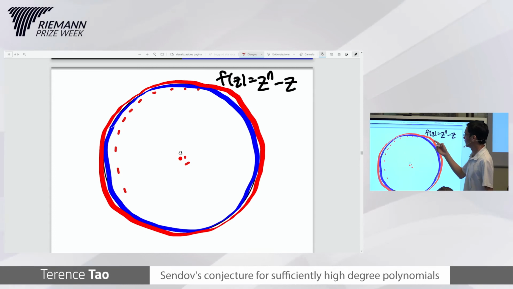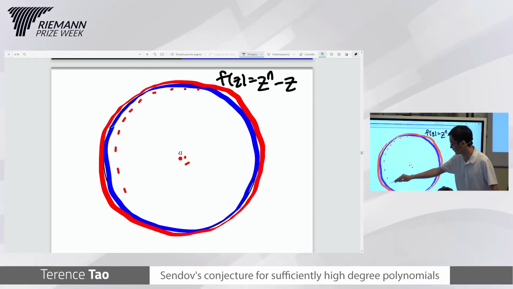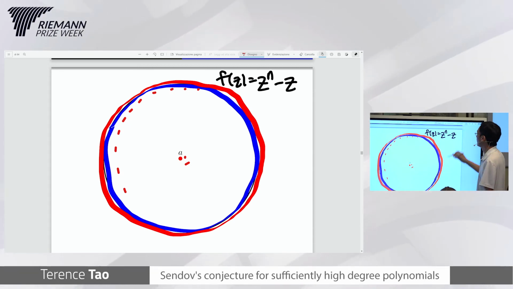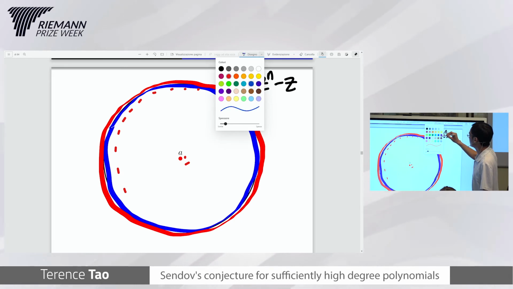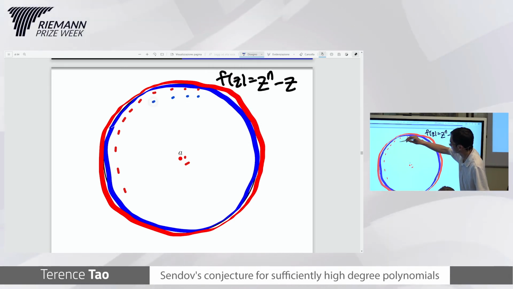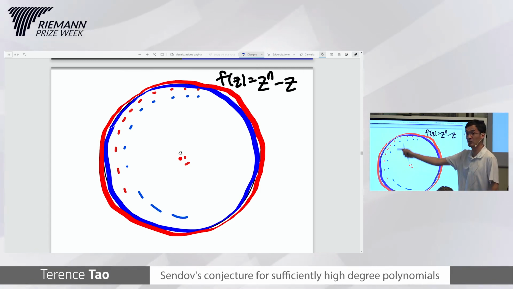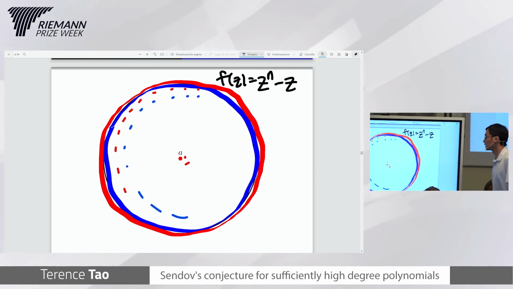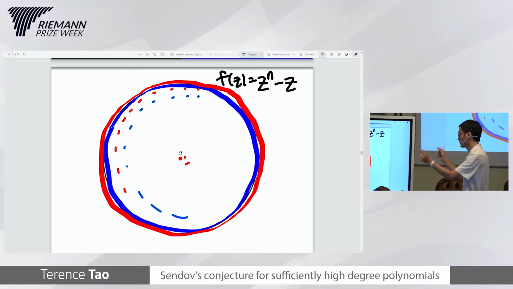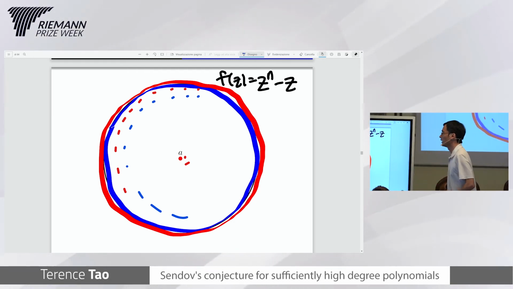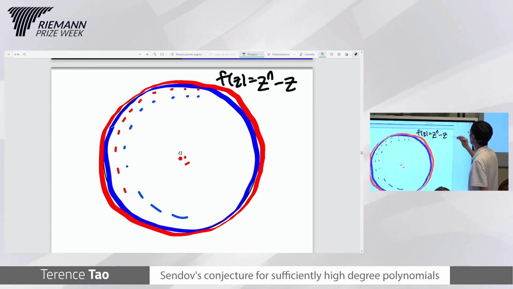And the zero measure becomes just a uniform measure on the unit circle. The critical points are close to the unit circle, but in the limit, they converge to the unit circle, and they will also be uniform measure on the unit circle. So in this case, the two limiting measures are just uniform measures on the unit circle.